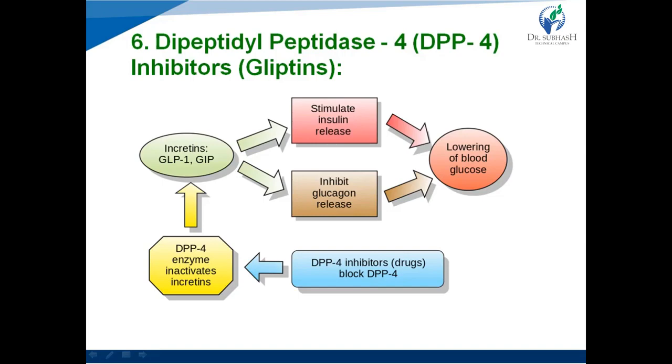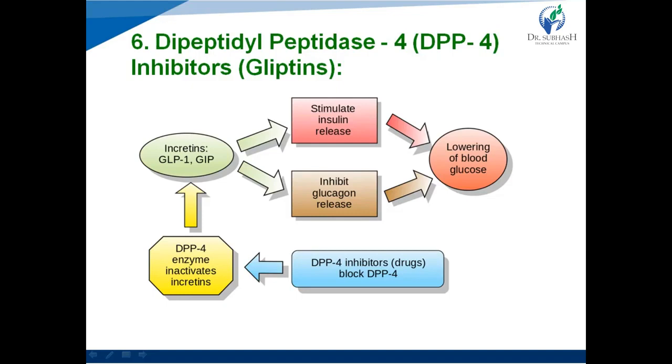Both of these are members of the glucagon peptide superfamily. Incretins stimulate insulin release and inhibit glucagon release, which results in the lowering of blood glucose. We have seen this in the previous tutorials.